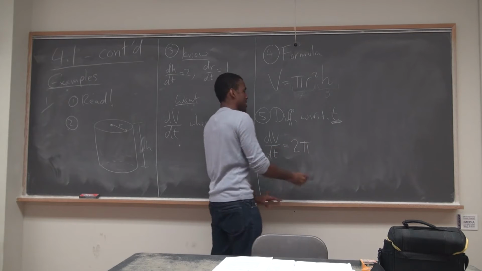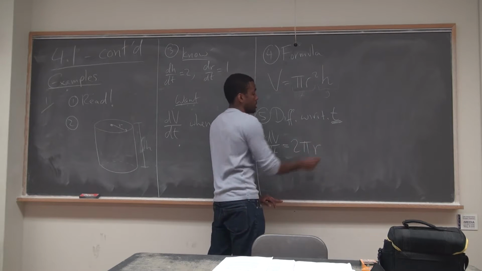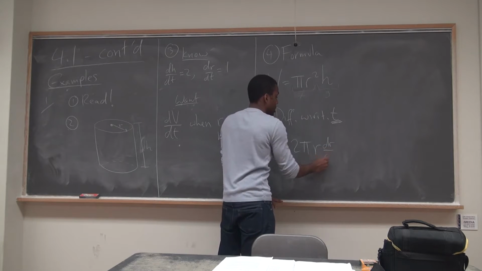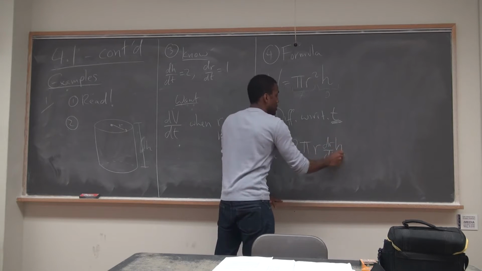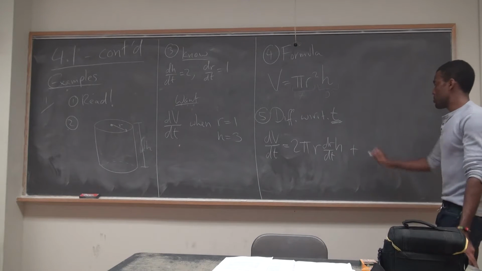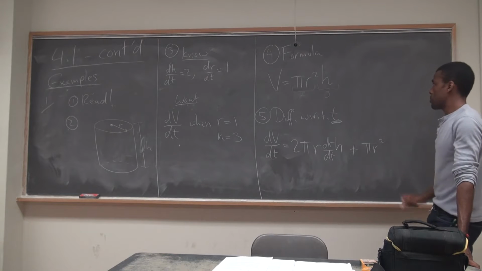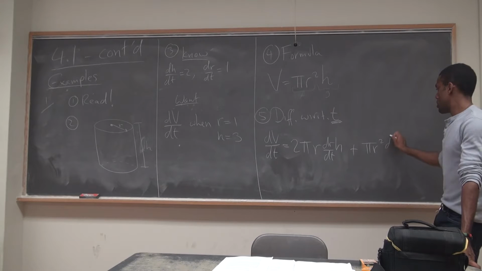Pi is pi, that's fine. 2 pi r dr/dt times h, plus pi r squared times dh/dt.